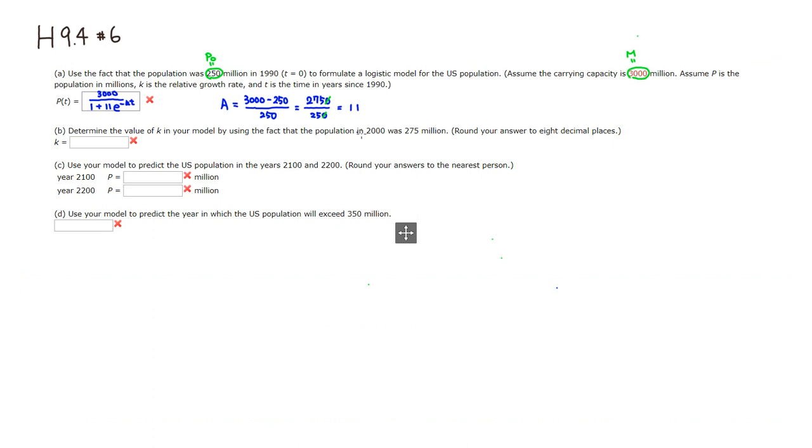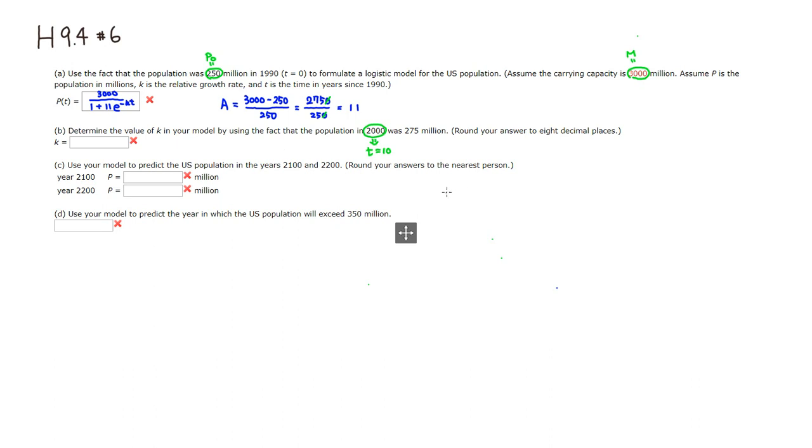Remember, since the starting year is 1990, 2000 means that t is equal to 10. All we have to do is plug t equals 10 into the population function.